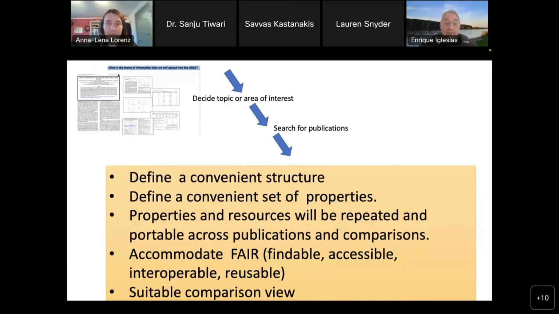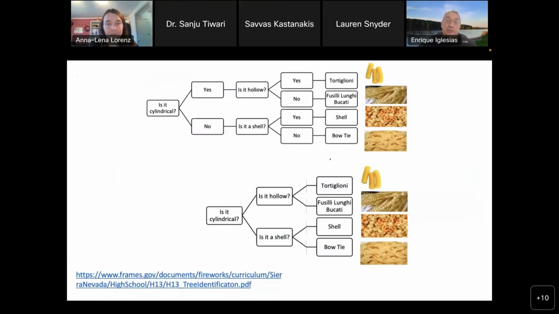We want the properties and resources to be repeatable and portable across publications and comparisons. We want to accommodate FAIR principles, and we also want to make a suitable comparison view. That was also a very important driving principle behind this work.